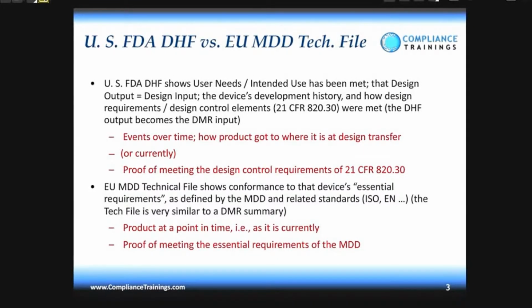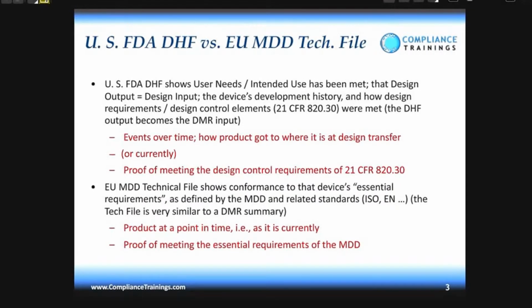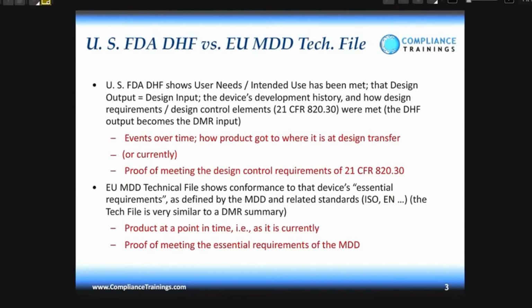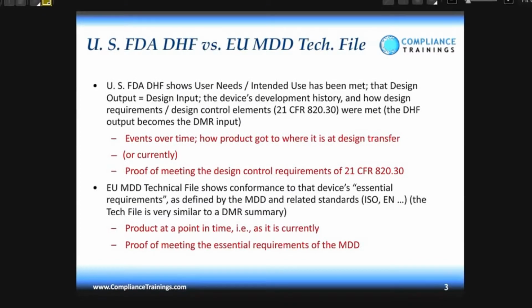In the design history file, you're proving that you've met 21 CFR 820.30 design control under the CGMPs for devices. And if you're dealing with the European Union for CE marking, you prove you met the requirements, the essential requirements of the Medical Device Directive and associated standards.